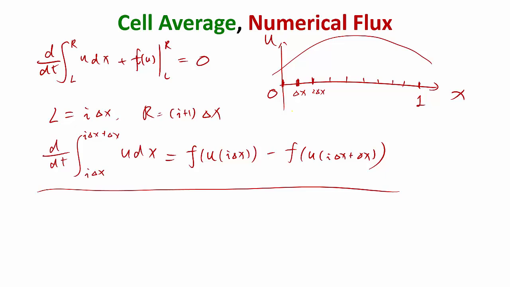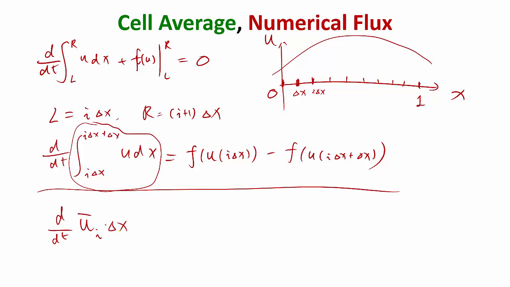So the integration with the cell average. This integration, this over here, is equal to the cell average times delta x. So this can be represented as u bar of I times delta x.